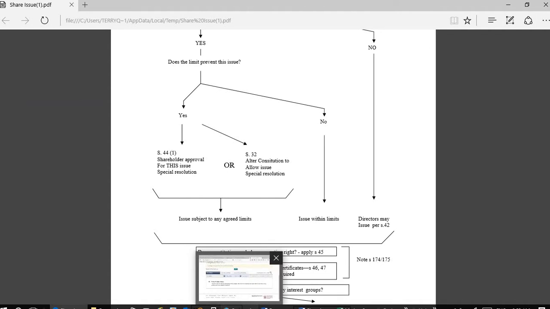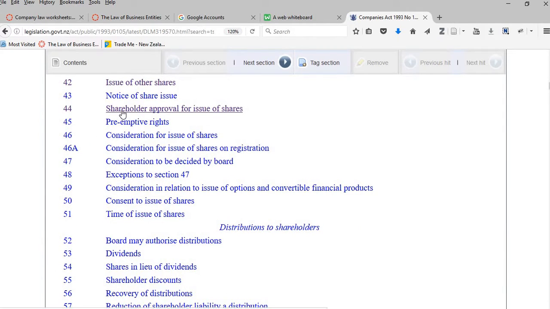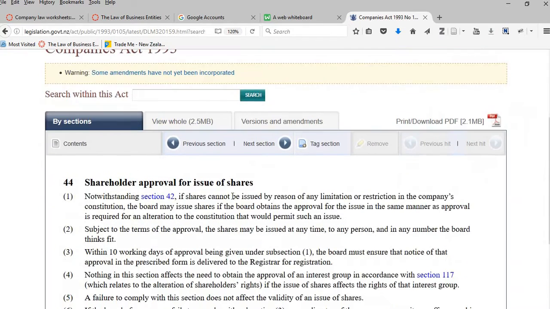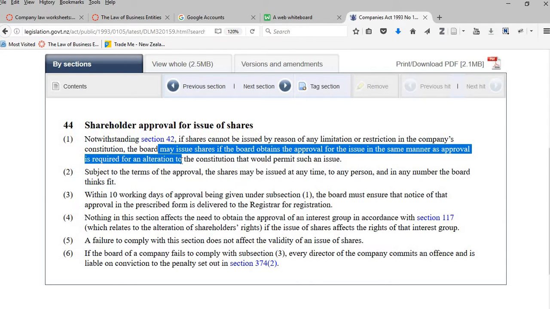Let's have a look at section 44. So 44, shareholder approval for issue of shares, and it's quite straightforward. If shares cannot be issued by reason of any limitation or restriction in the company's constitution, which is our example, then the board may issue shares if it obtains approval for the issue in the same manner as approval for an alteration.